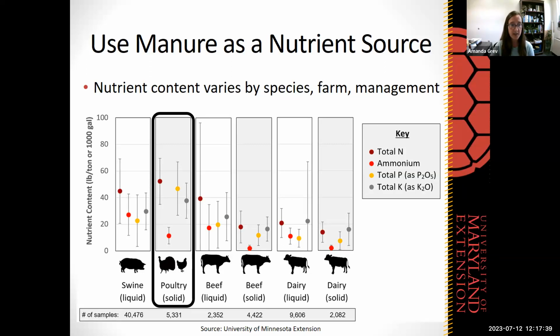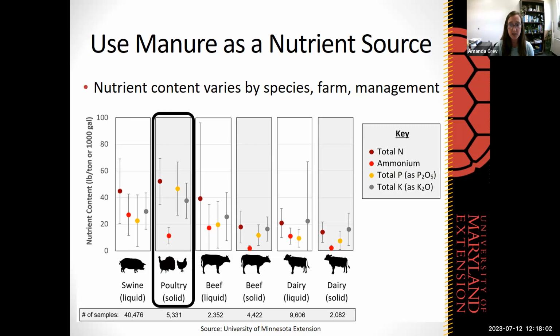But the other thing to think about with manure is you can see for each of these bars, those little colors are representing different nutrients in that manure. So we have total N, ammonium, total P, total K. And not only does it differ by species, but it also differs by liquid manure versus solid manure.